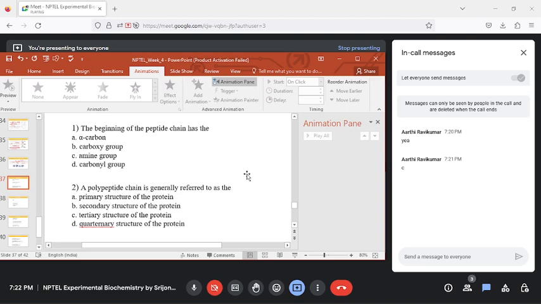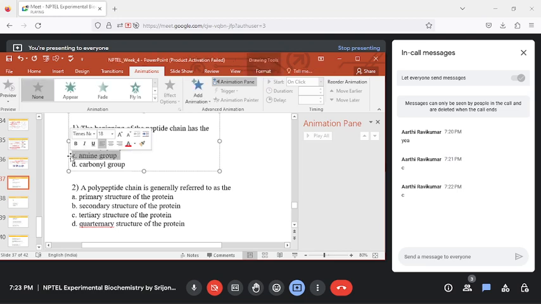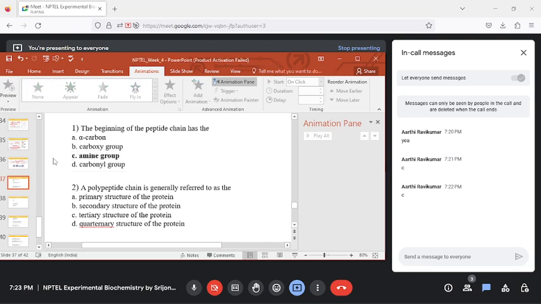What is a polypeptide chain referred to as? This one, this is the correct option.